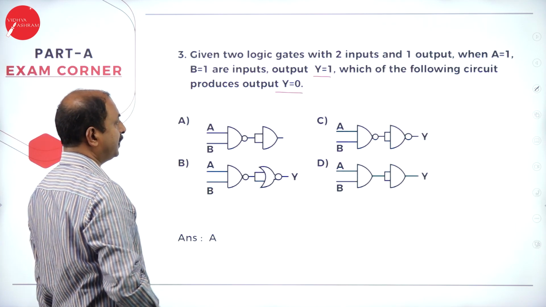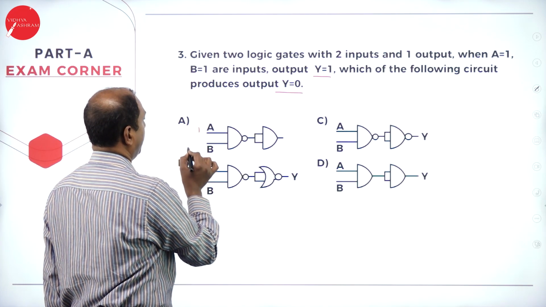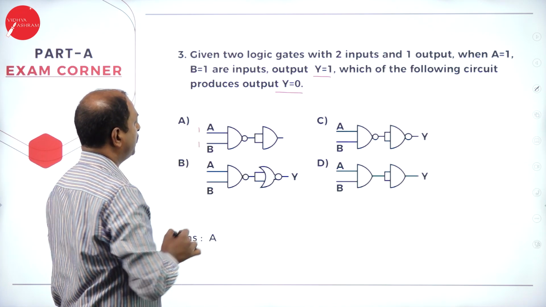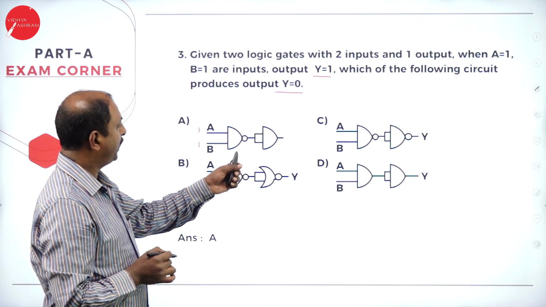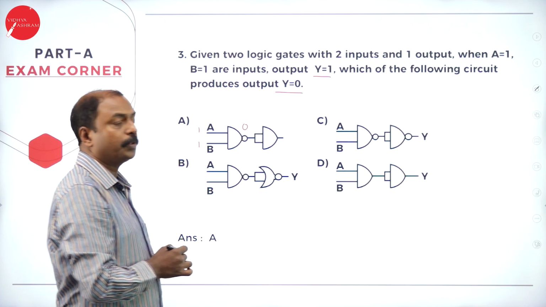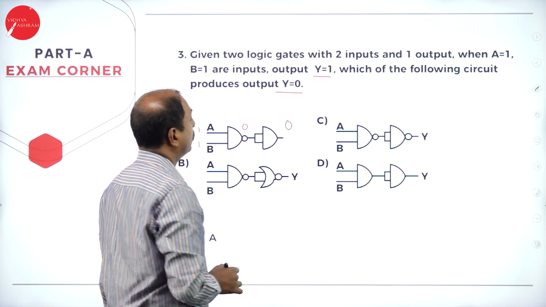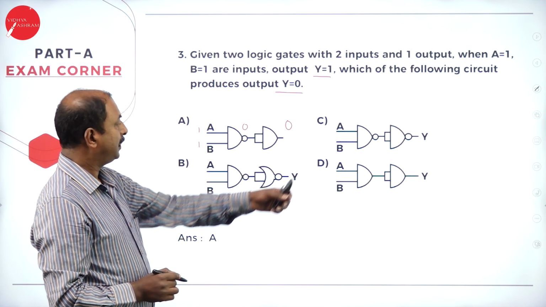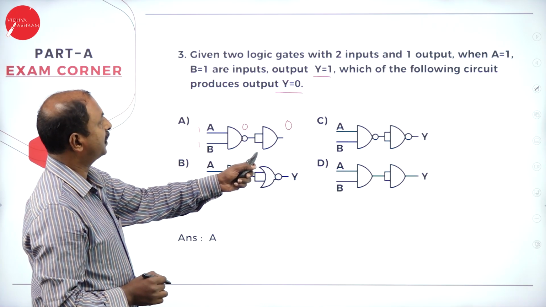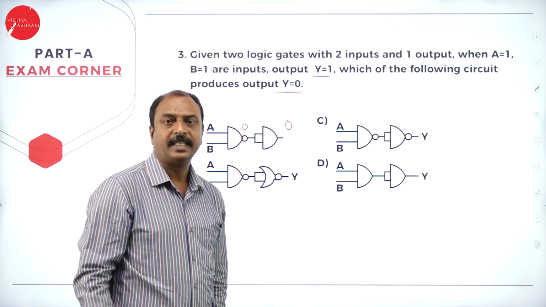If you consider the answer A, input A is 1, input B is 1. So 1 and 1, this is a NAND gate, so the result will be 0. So in this example, the answer is A. This is the circuit which gives the output Y equals 0.